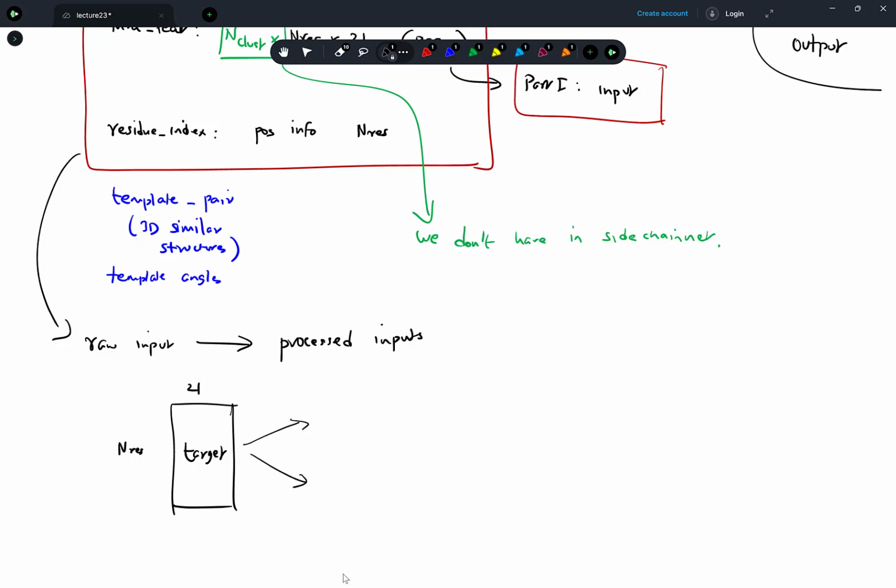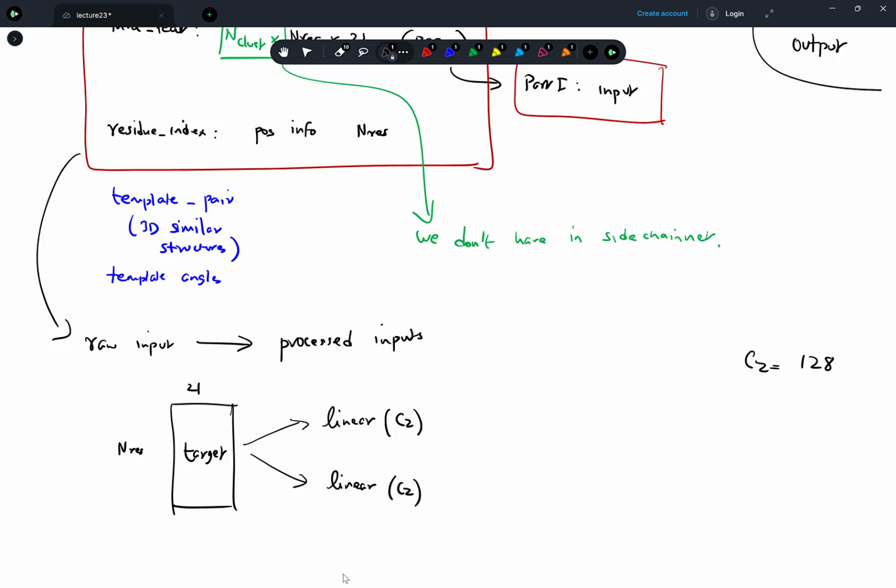Pass it through a linear layer and project it onto a CZ space, CZ being 128. So we project them to 128 dimensions.